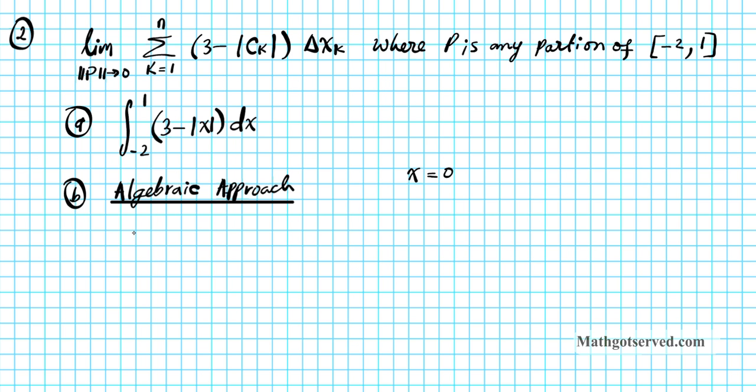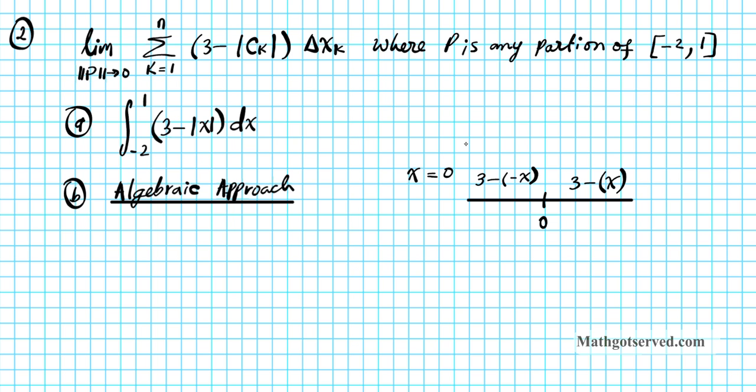So we're going to split this integral into 2. Let me show you using an interval first before I write it as an integral so you don't get confused. So what's going on here is as follows. The sign change happens at 0. To the left, the function is going to be 3 minus negative x, and then to the right is going to be 3 minus x.